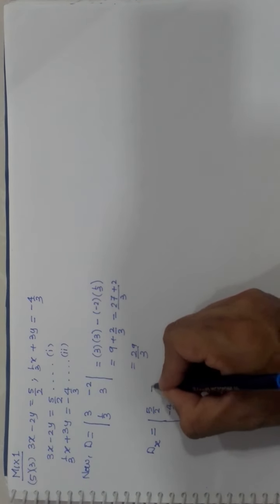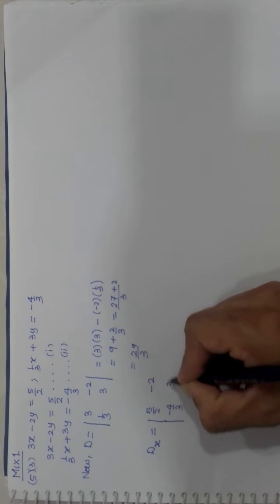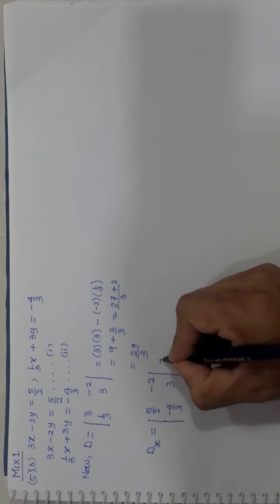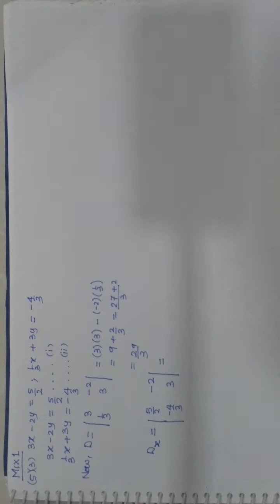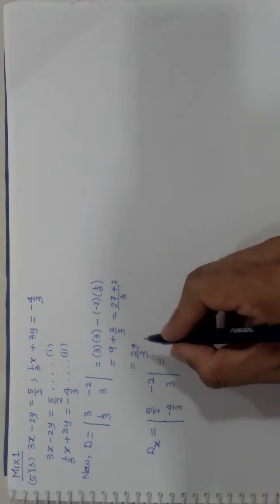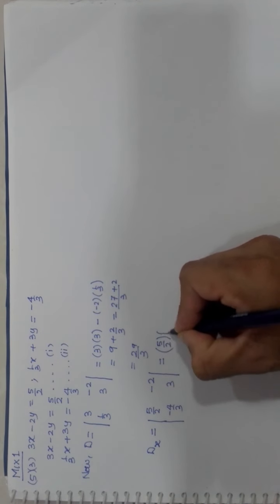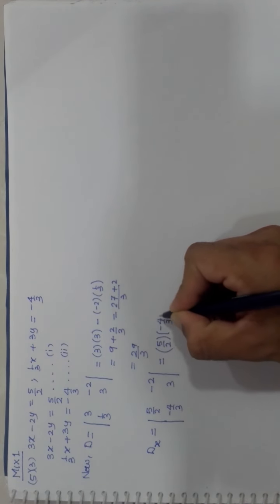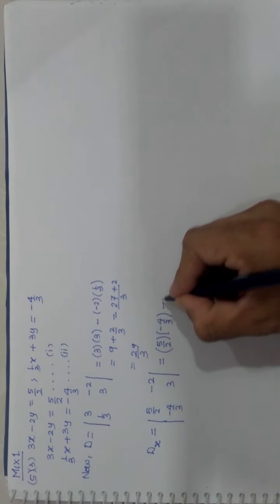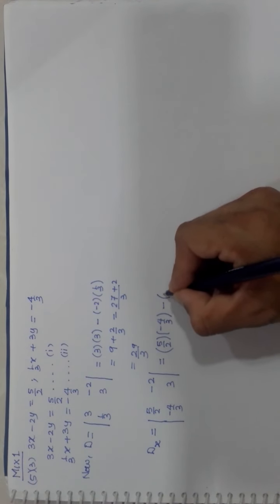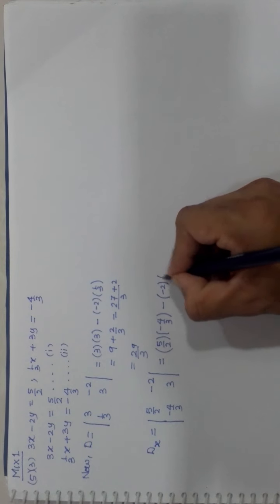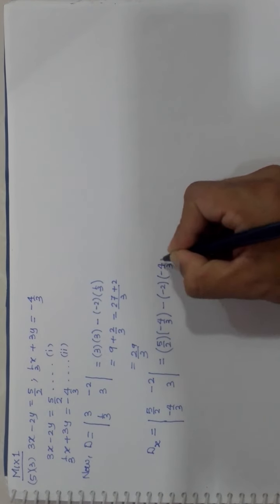Then the y will remain same, coefficients of y will remain same. Now obviously this will become the product of diagonal elements, that is 5 by 2 into minus 4 by 3. Then separation of minus sign, minus 2 non-diagonal elements product, minus 4 by 3.